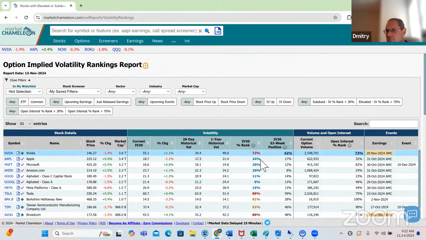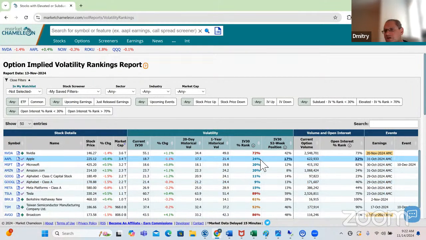That means 72% of the days in the last year, implied volatility, IV 30, was below 55. 28% were above. And we do the percentile rank because if we take the average, the average could get skewed.